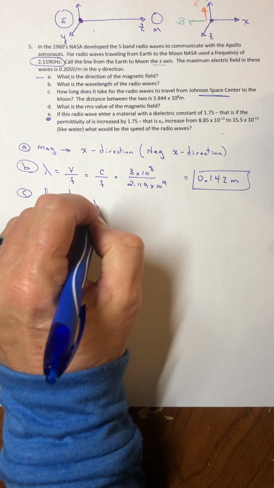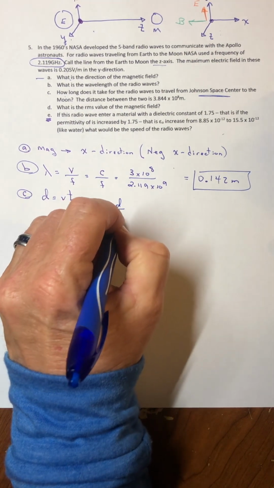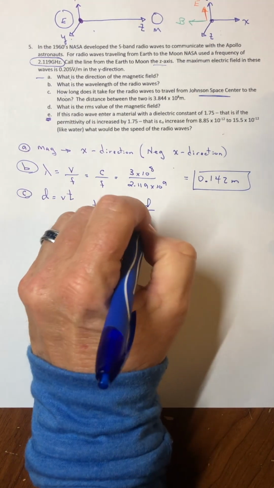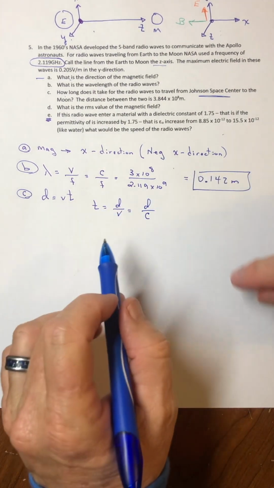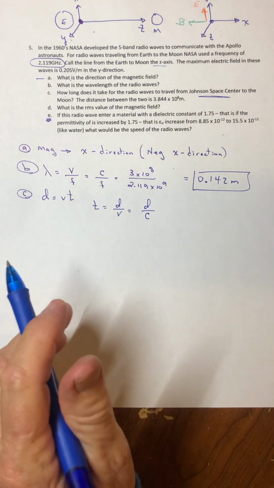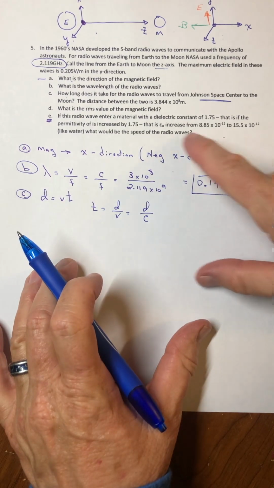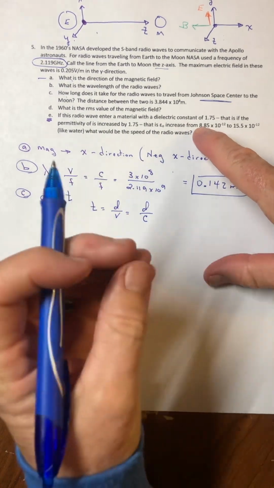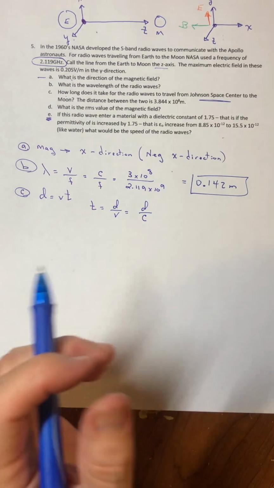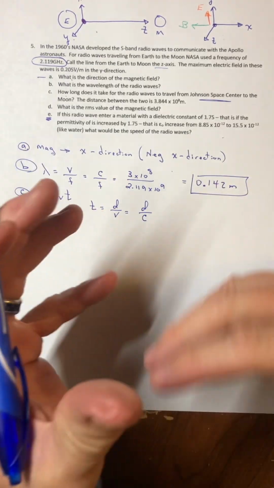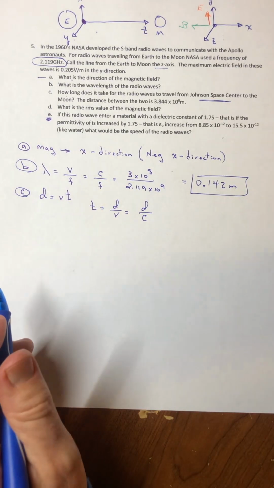And so time would be distance divided by their speed. And again, we're back to like B, what is their speed? Well, these are electromagnetic waves. They depend upon the electric and magnetic field interacting with each other.